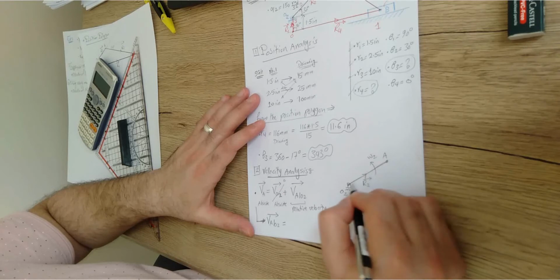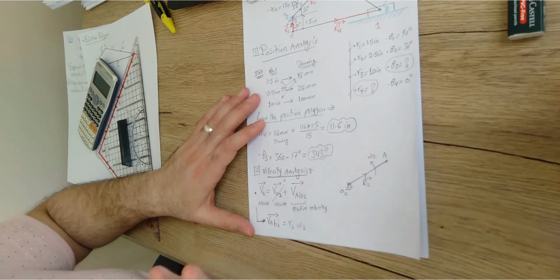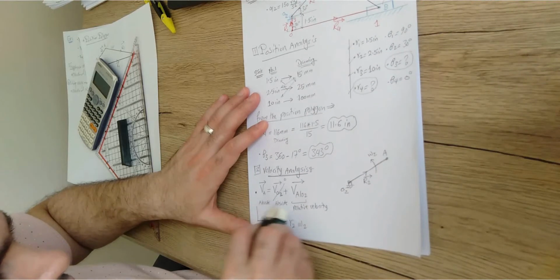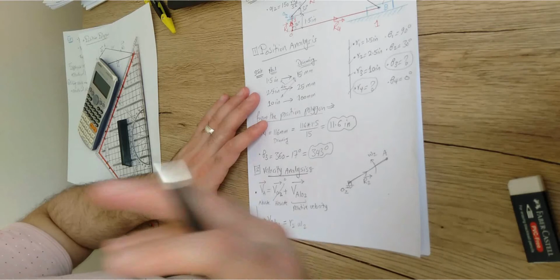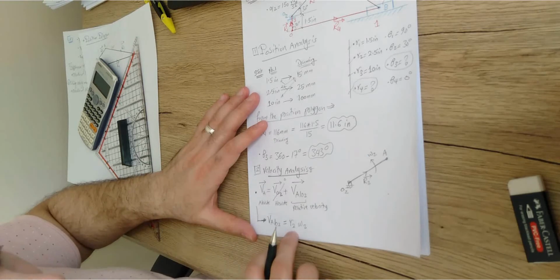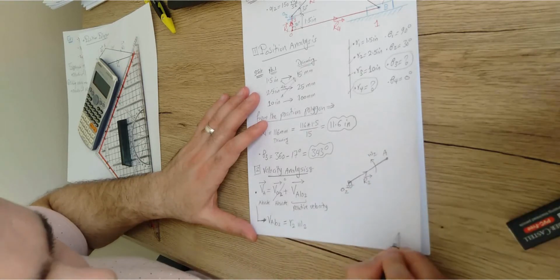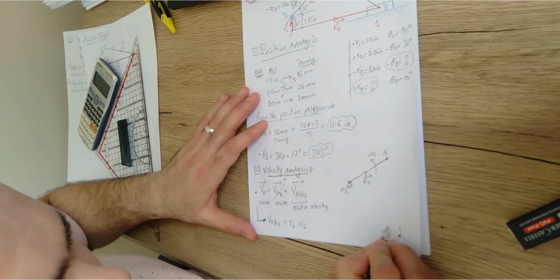It is related to the position vector R2, so its value is R2 omega 2. Forget about the direction for now, right? Because this is a vector quantity, it needs magnitude and direction. So its value is R2 omega 2, and its direction should be perpendicular to the R2 vector.